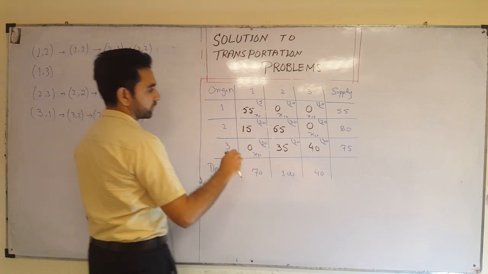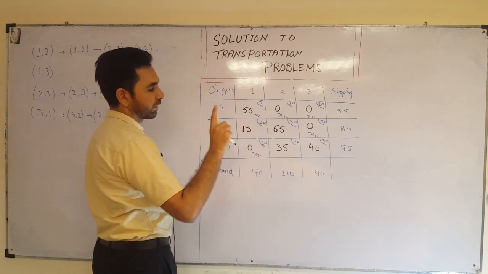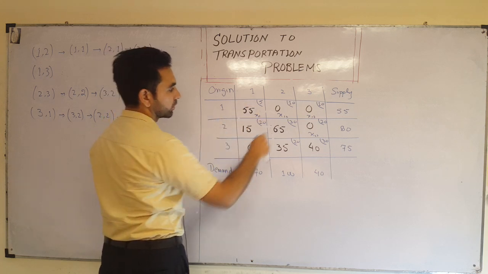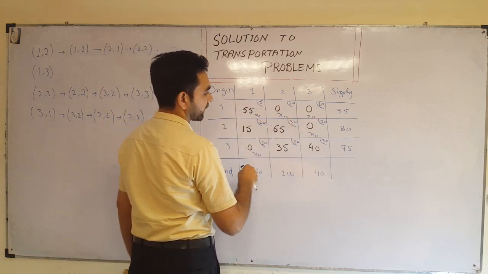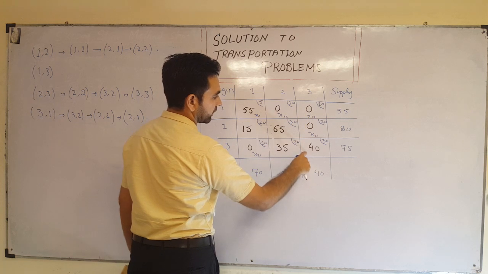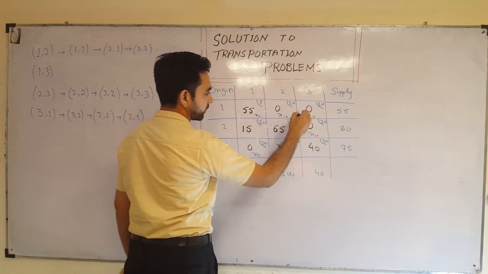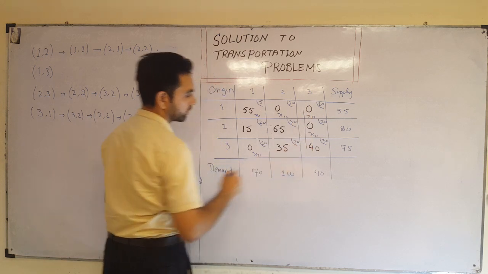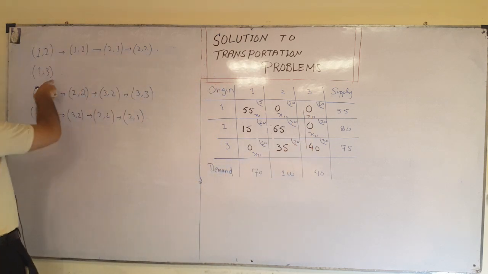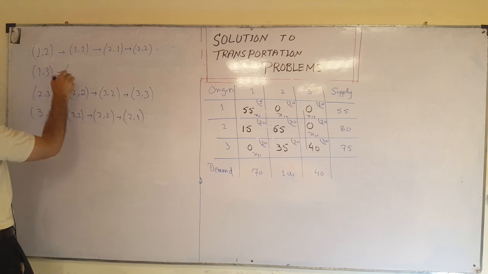So the first rule is you can have only 1 0 in the closed loop. So if I start from here, where I can go either here or here. If I go here, from 1 3, where did I go? To 3 1.